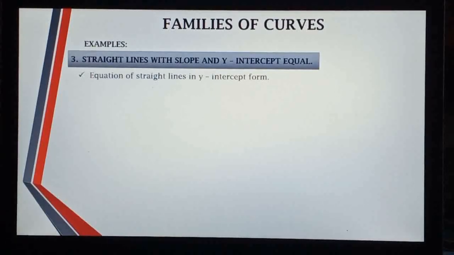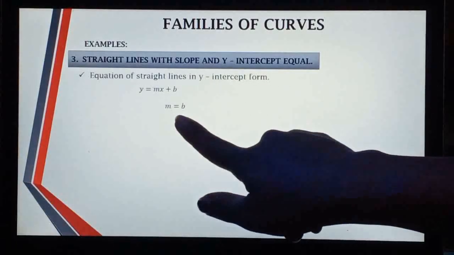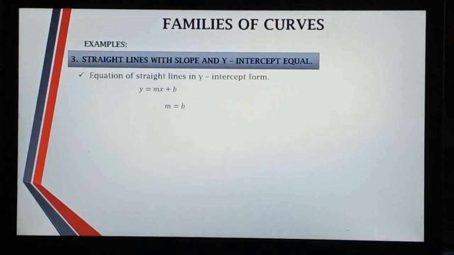So the y-intercept form equation is y equals mx plus b, wherein m is the slope and b is the y-intercept. Then slope and y-intercept is said to be equal. So your equation now is y equals mx plus m.